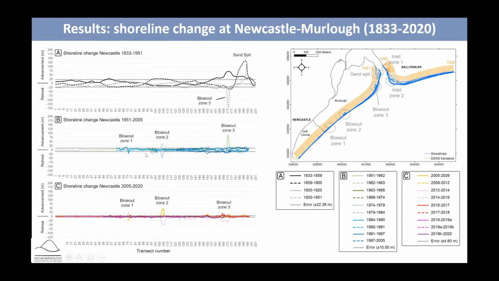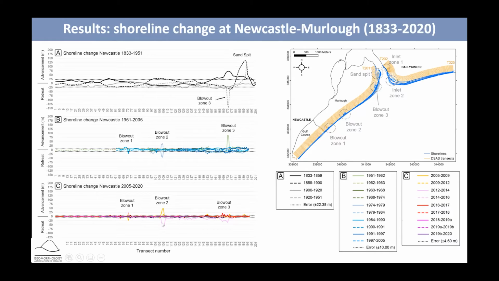You can also see how the size, so the inland retreat, is greater the more you go toward the inlet zone, toward here. And you can also see, especially in most recent years, how the blowout zones, once generated and activated, can recover, but they can also be reactivated from time to time.